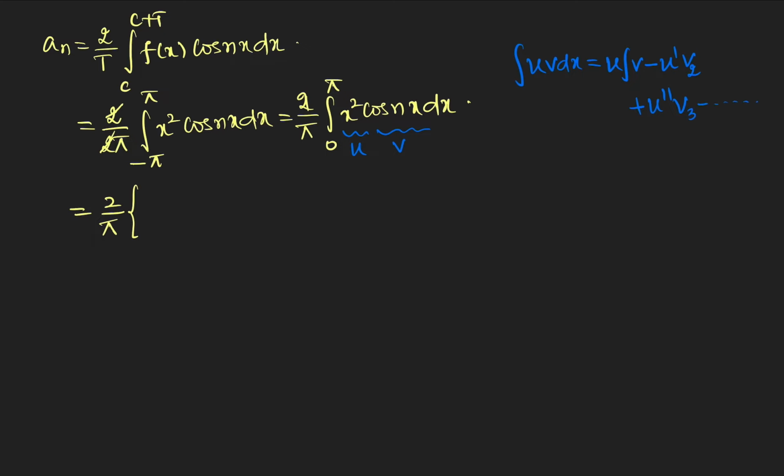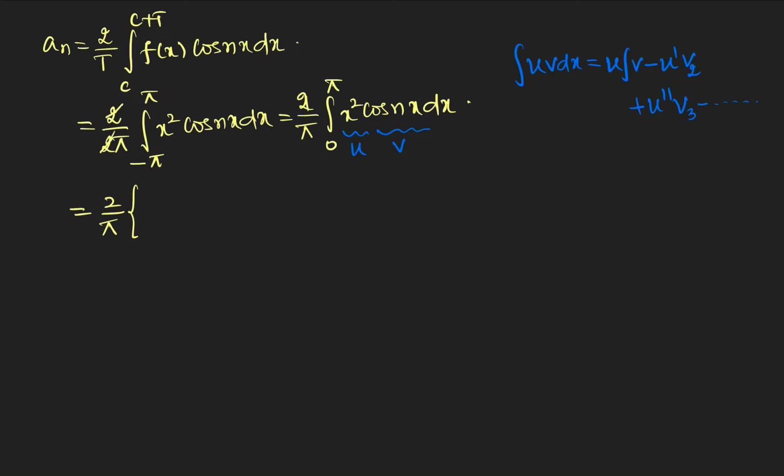This is Bernoulli's rule of integration by parts. We apply integration by parts repeatedly. Here u is taken as x square and v is cos nx.